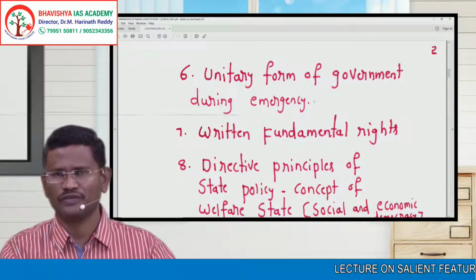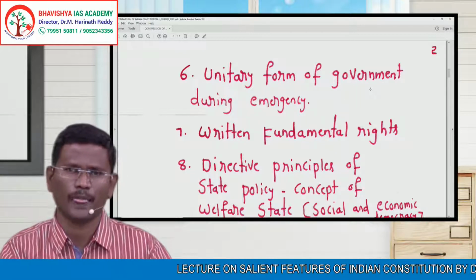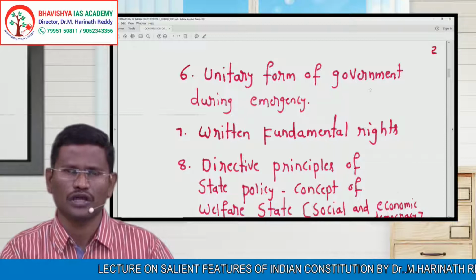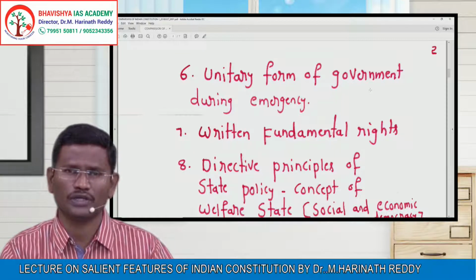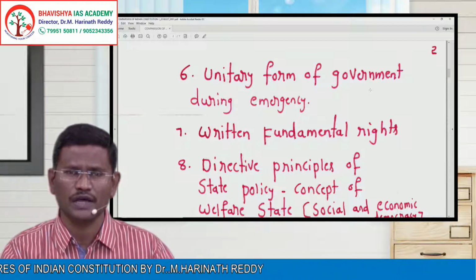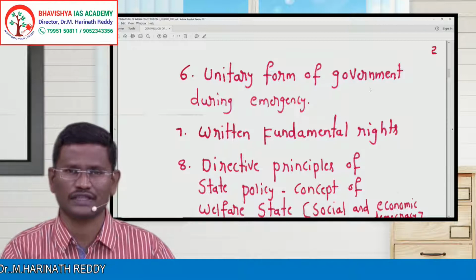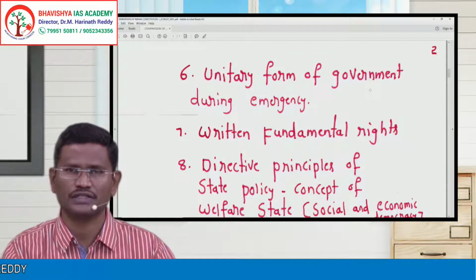The fundamental rights, they aim at political democracy, political equality among all the citizens, irrespective of gender, irrespective of religion, irrespective of ethnicity. All the citizens have the same right to vote.